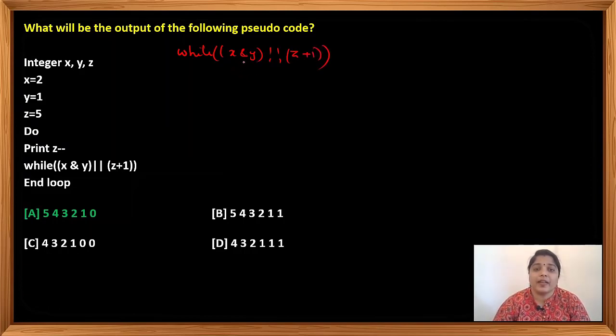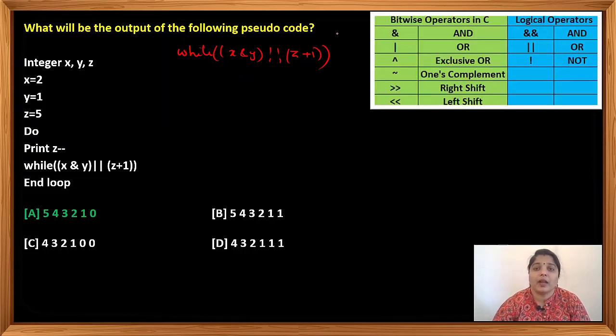Here x and y, this is a bitwise AND. In C programming, we have both bitwise operators and logical operators. Bitwise operators are bitwise AND, bitwise OR, XOR, ones complement, right shift and left shift. In all these operators, we first convert the operands into their corresponding binary, perform the operation, and then convert it back to decimal.